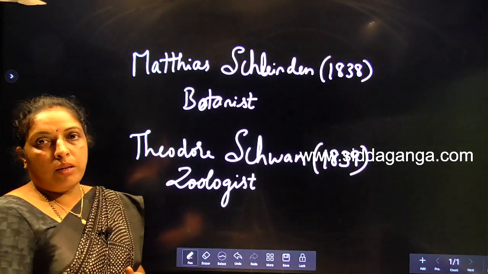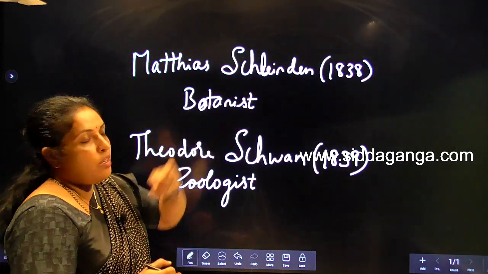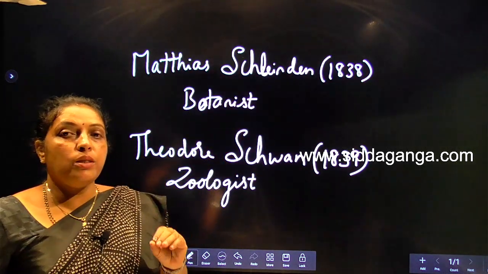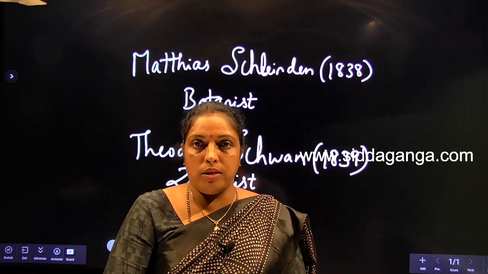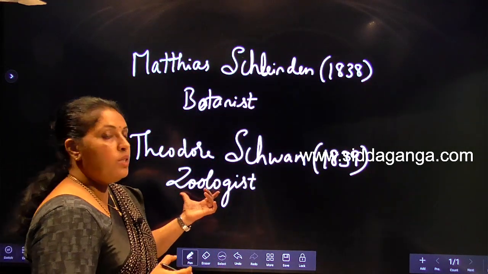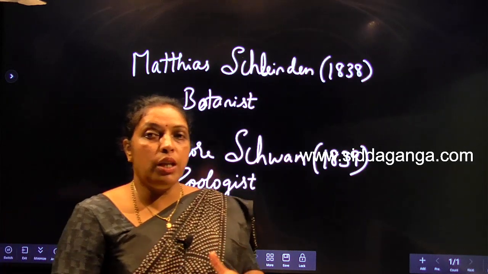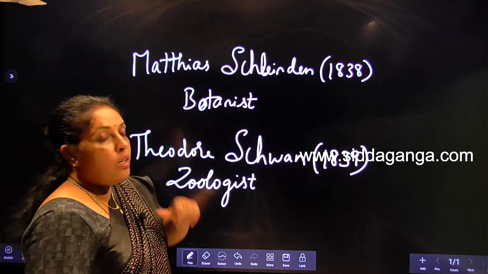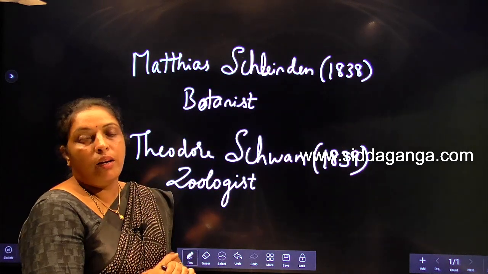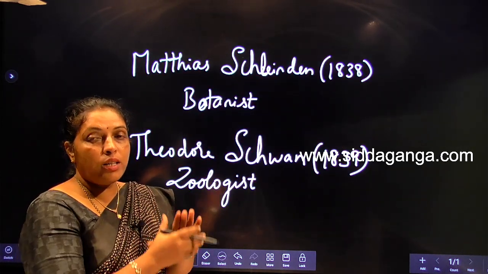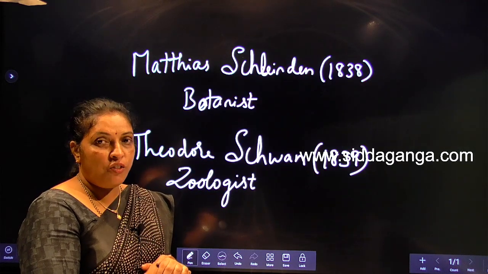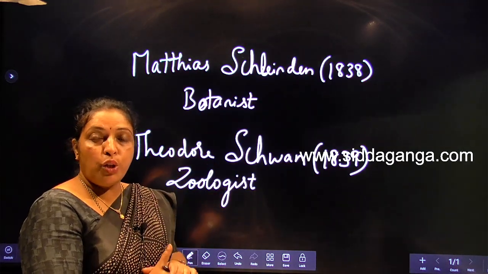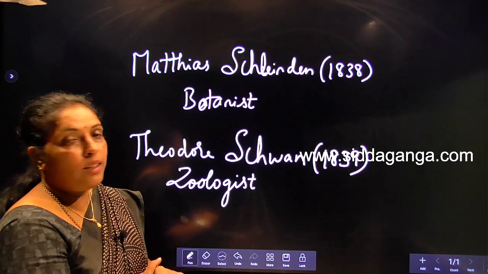So ಇವ್ರು ಇಬ್ರು ಏನ್ ಮಾಡ್ತಾರೆ, see, Matthias Schleiden, botanist ಅಂದ್ರೆ the person who studied only about plants. Understood? Zoologist ಅಂದ್ರೆ the person who studied only about animals. So Matthias Schleiden ಬರೀ plants ಗಳನ್ನ ಸ್ಟಡಿ ಮಾಡಿ ಏನ್ ಹೇಳ್ತಾರೆ, all plants are made up of different types of cells that make up tissues and organs ಅಂತ ಹೇಳ್ತಾರೆ.